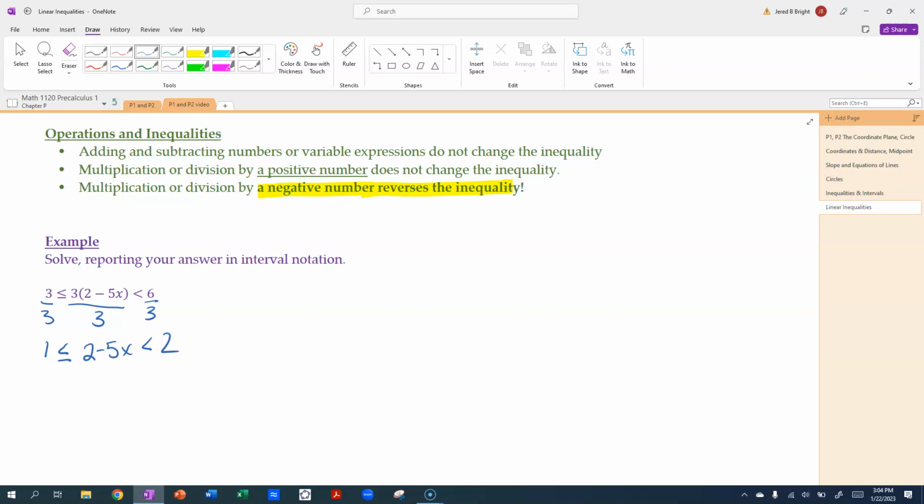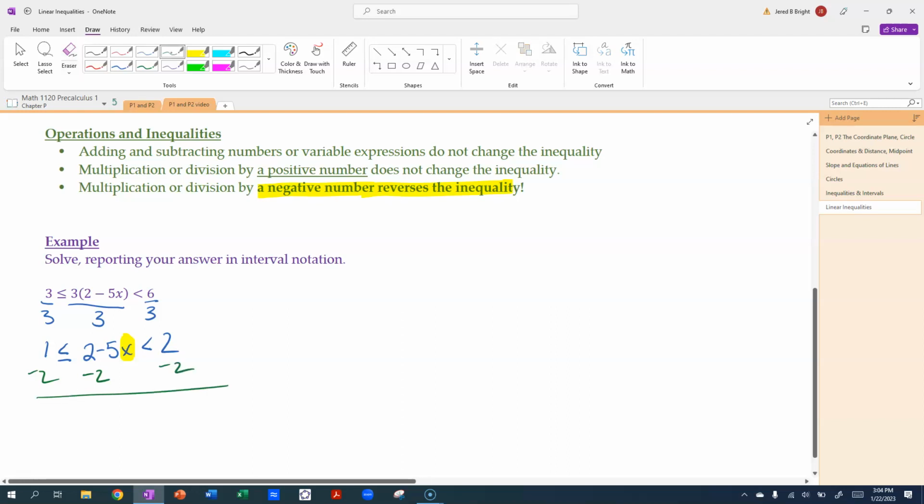My goal is to isolate x, so how do I do that? I have to undo the 2, so subtract 2 from all 3 components. And I'd have negative 1 less than or equal to negative 5x less than 0.